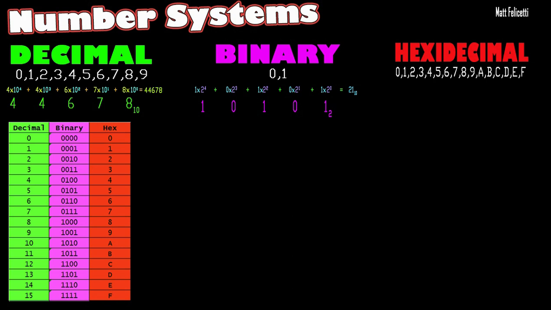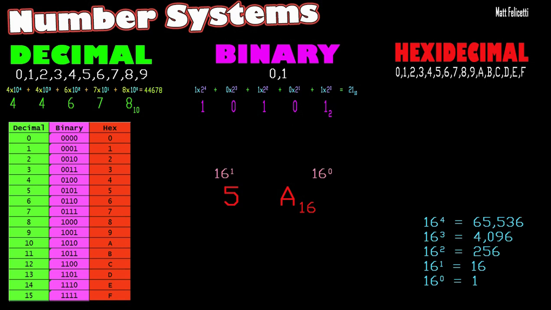So let's go with another example, and here I have the number 5A in hexadecimal. We want to convert it to decimal, so we can use the exact same method that we did before. We can get the weights, we can multiply, add them up, and we get 90 in base 10, or decimal.